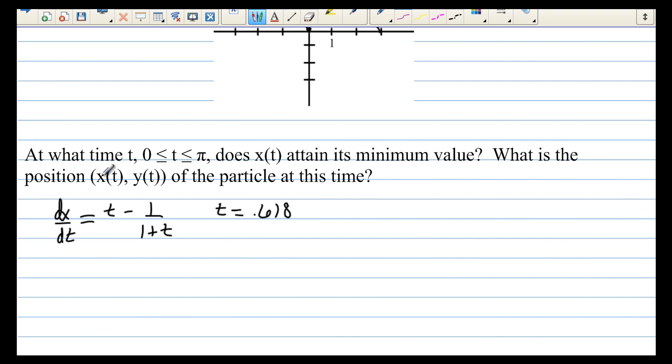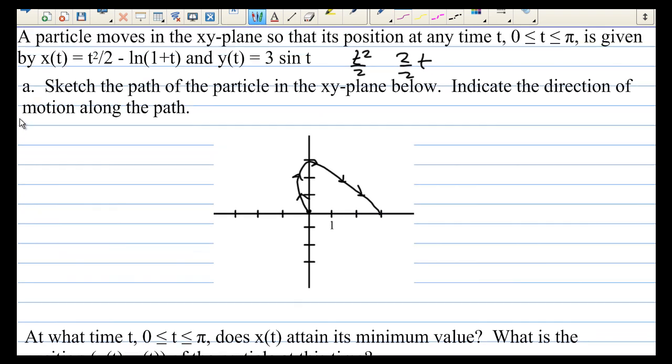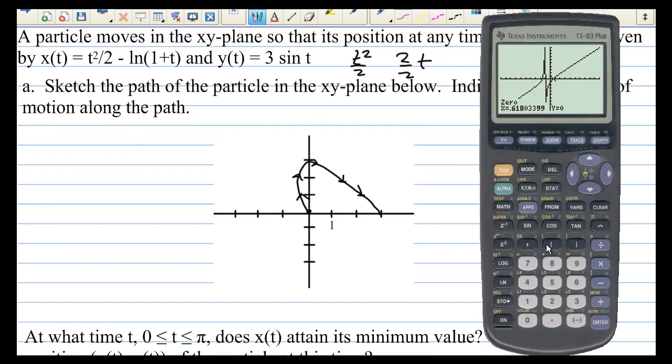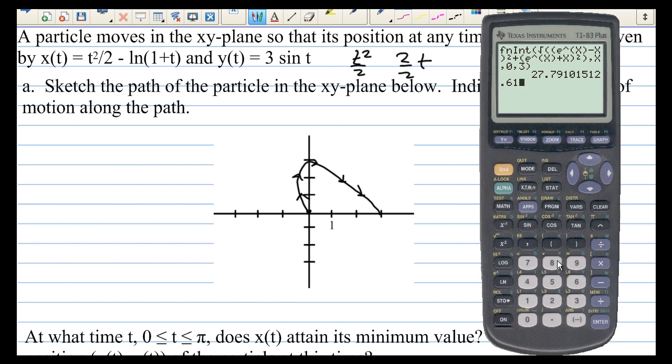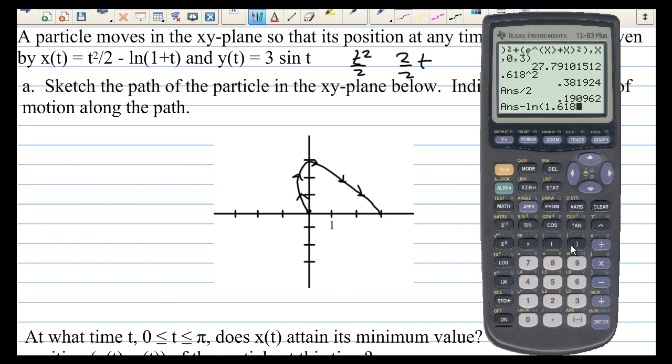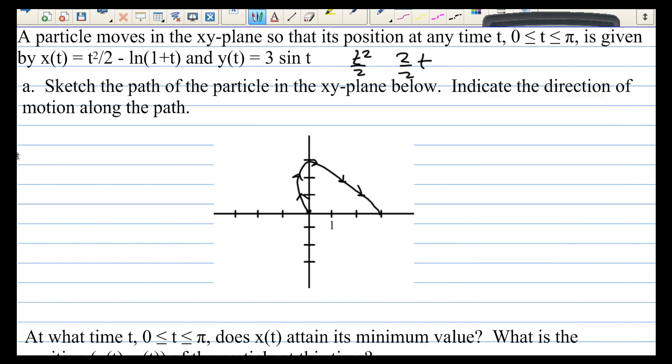What is the position x of t, y of t of the particle at this time? Now I have to plug 0.618 into the original function. We have 0.618 squared, divide that by 2, and then minus the natural log of 1.618. And the answer is negative 0.29.